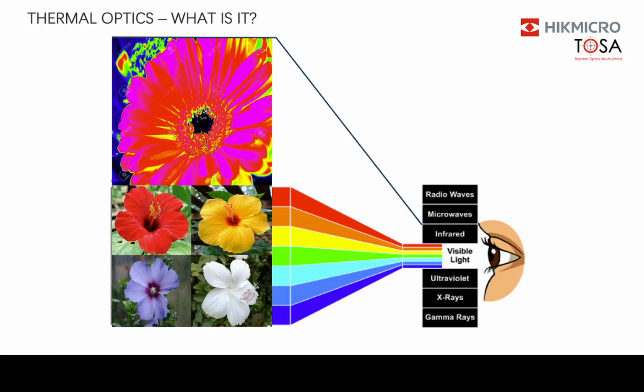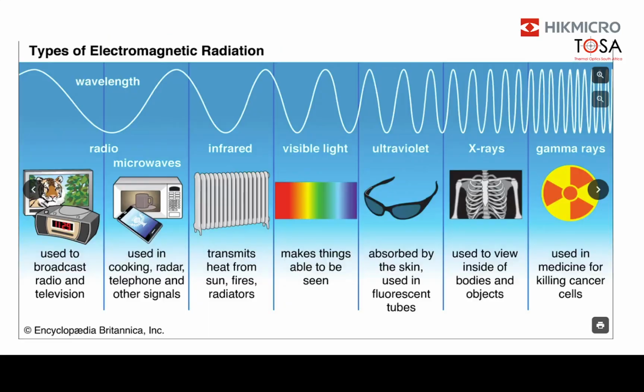This radiation, electromagnetic radiation, is at a frequency with a wavelength that's longer than what our eyes can perceive. So what you're seeing there is an actual representation of heat that has been modified so that we can visually see that. Now, there is the electromagnetic radiation spectrum.